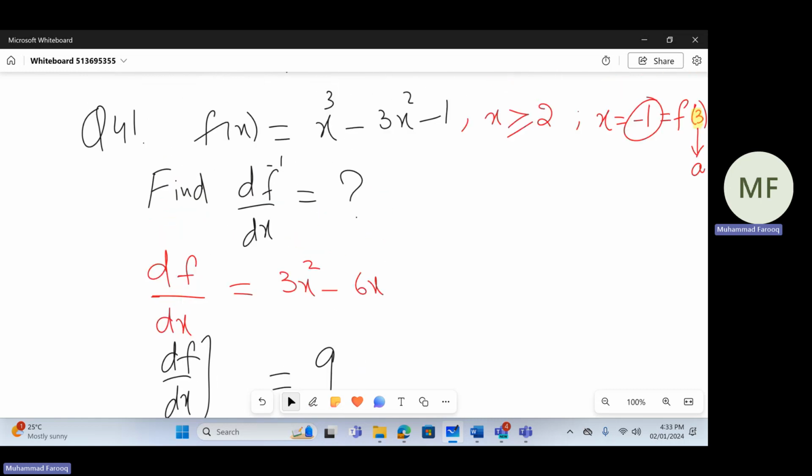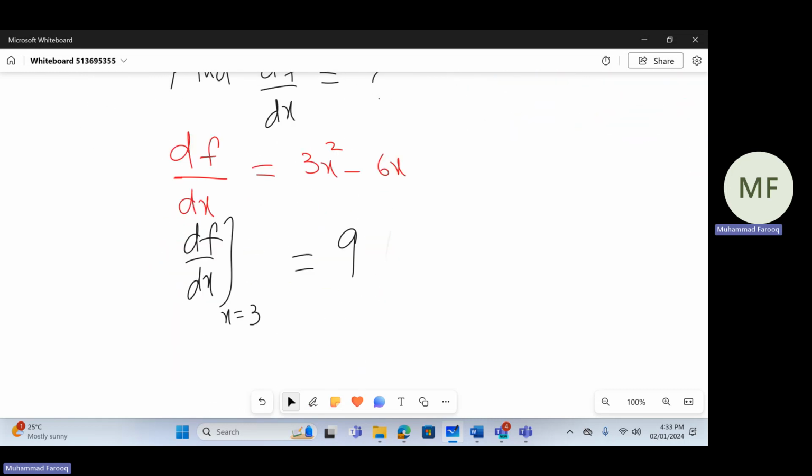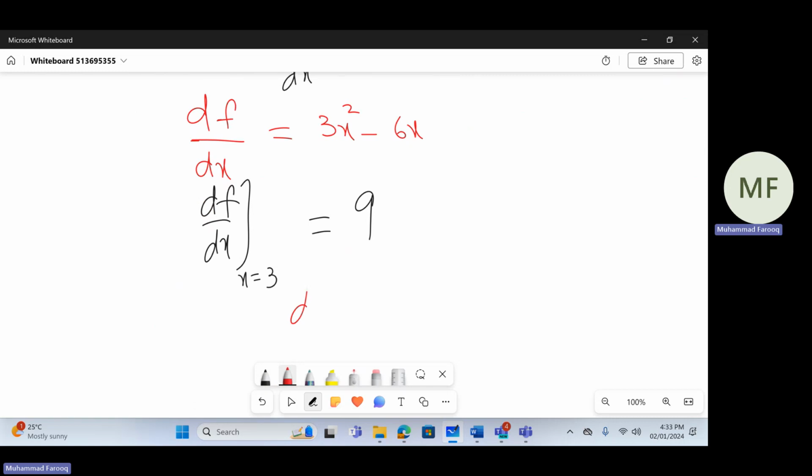So the inverse function derivative is basically 1/9. And that's it. Did you calculate any inverse here? No need for that. Use the property. That's why we learned that property first.